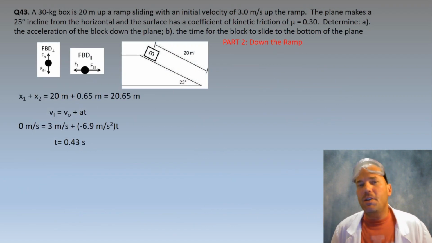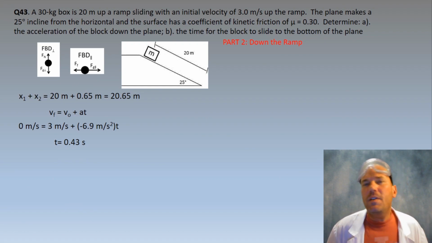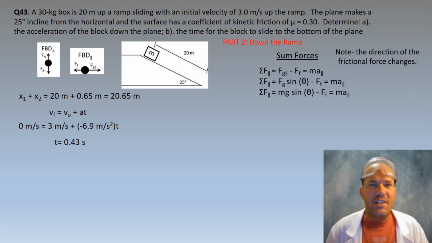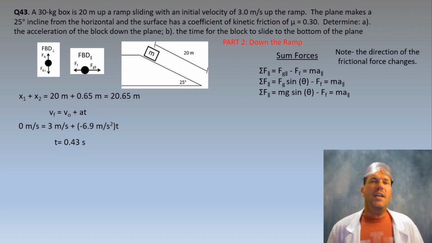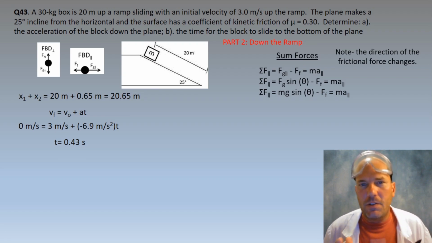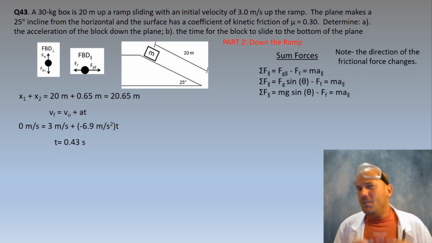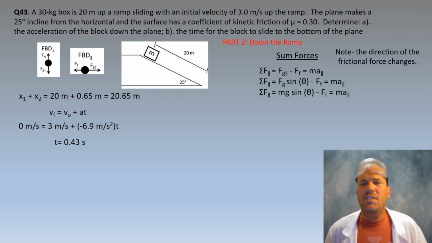Okay, so here's what we know. And as we move into part 2, we're going to start looking at our summations. And please, again, make note, direction of friction will change because that direction always opposes the direction of movement. So notice how our summation parallel has changed.